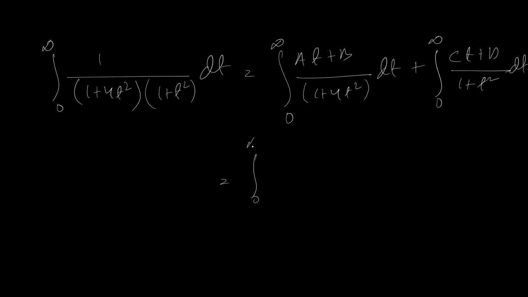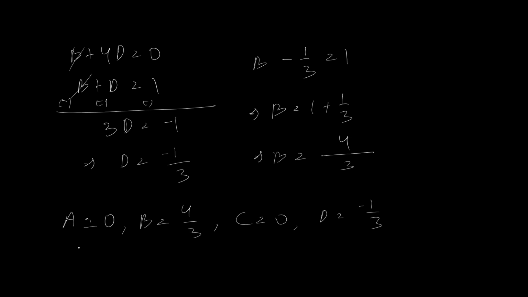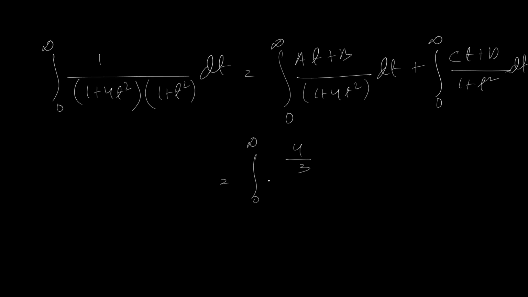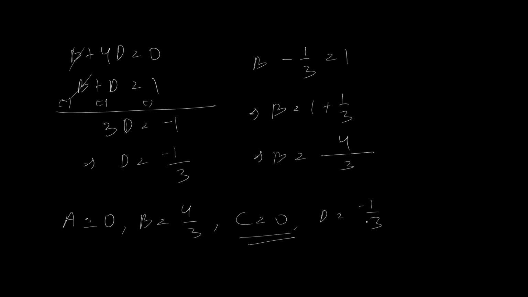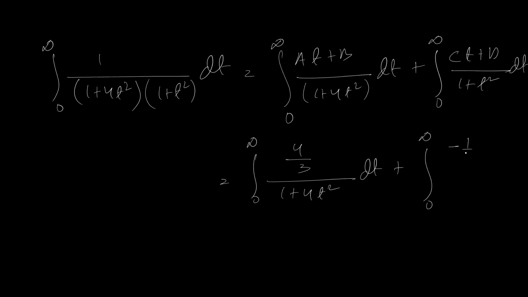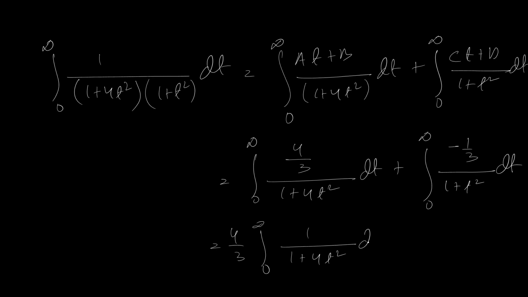So 0 to infinity, a value is 0, b value is 4 by 3, so 4 by 3 by (1 plus 4t square) dt plus 0 to infinity, c value is 0, d value is minus 1 by 3, so minus 1 by 3 by (1 plus t square) dt. So this will be 4 by 3, 0 to infinity, 1 by (1 plus 4t square) dt. This will be minus 1 by 3, 0 to infinity, 1 by (1 plus t square) dt.